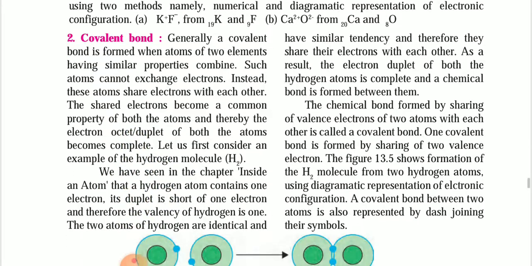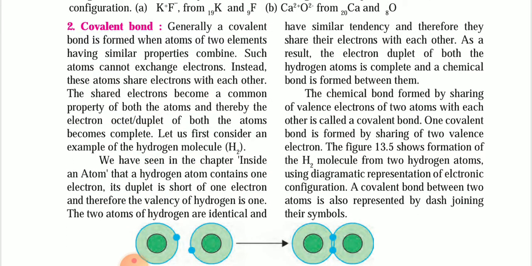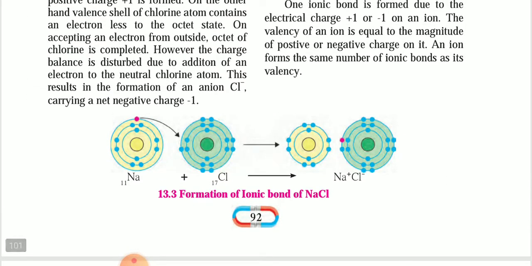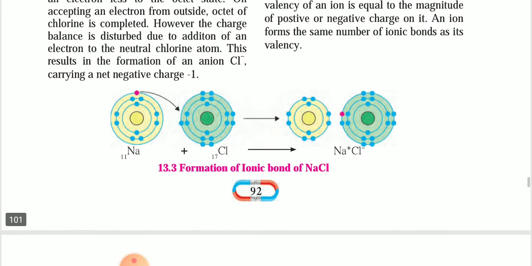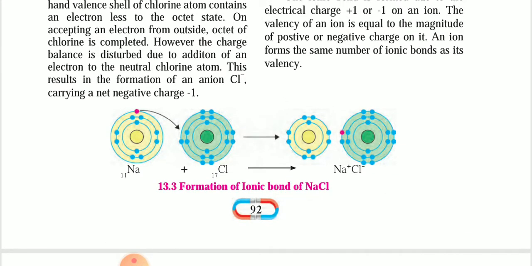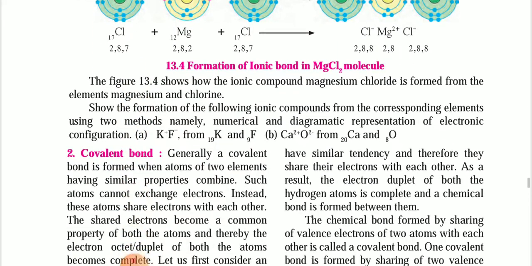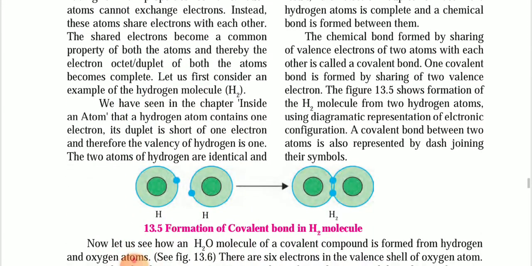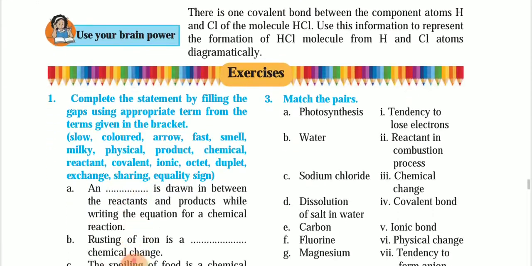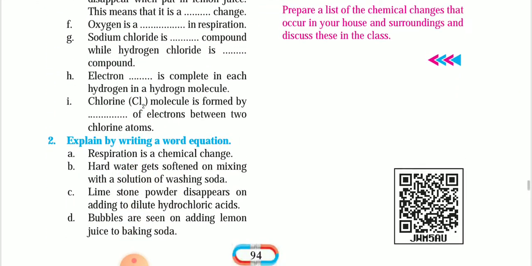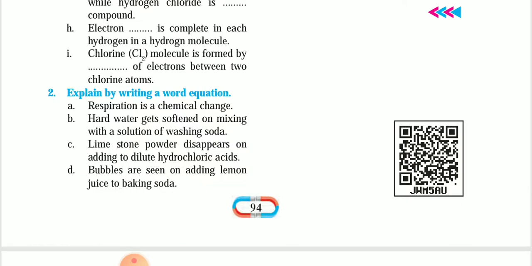Ionic bond and covalent bond. Covalent bonds are formed because of sharing of electrons, and ionic bonds are formed because of give and take of electrons. So metals tend to give electrons and non-metals tend to receive electrons. From here, write word equations.